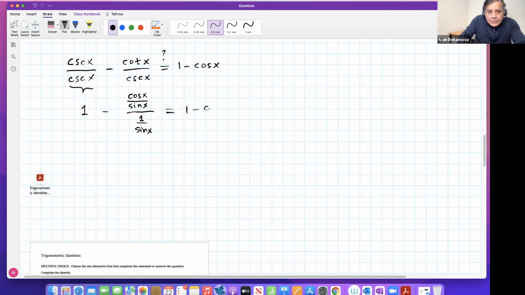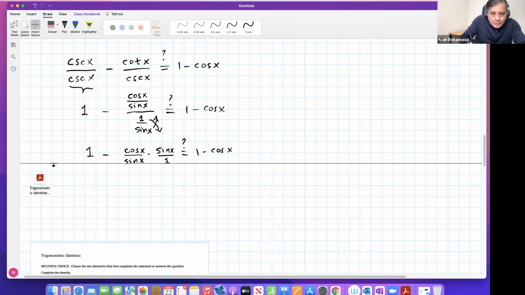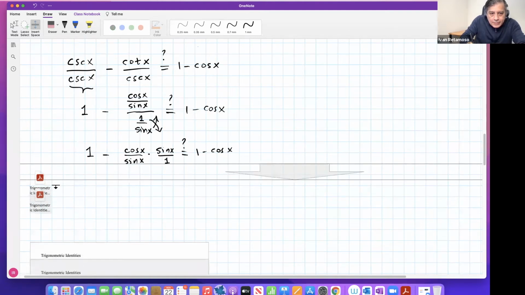1 minus cosine of x, this one still, right? They still don't look alike. But now, remember, when you divide by a fraction, what do we do? We multiply the fraction on the top by the reciprocal of the fraction on the bottom, which is this, cosine of x. Let's give ourselves some space here.